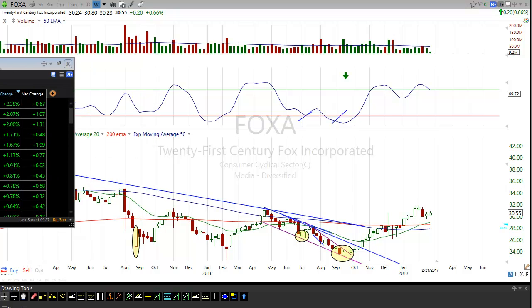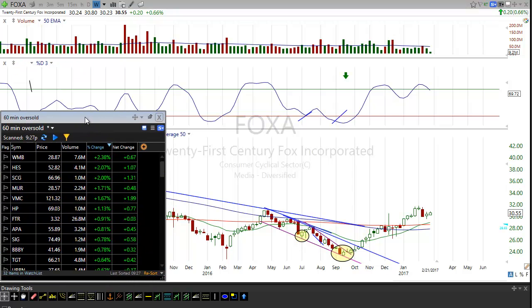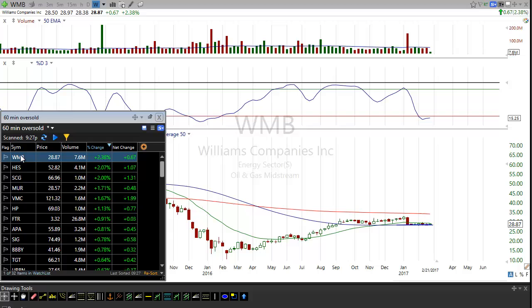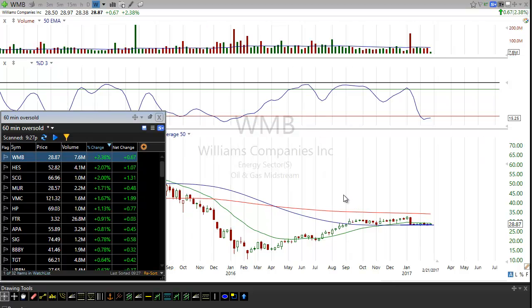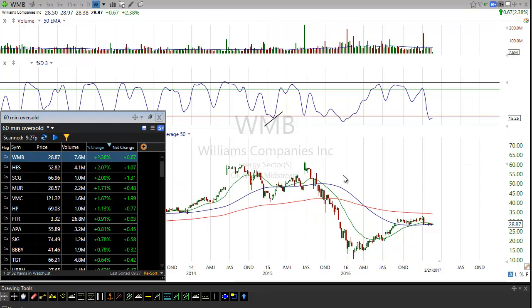So these are my weekly oversold levels that I wanted to pay attention to. I can bring them down here so you can see them a little bit better. Not Fox A. You're going to notice a lot of these are oil and gas sector stocks, some utility stocks, but a lot of oil and gas, and I tend not to like that.